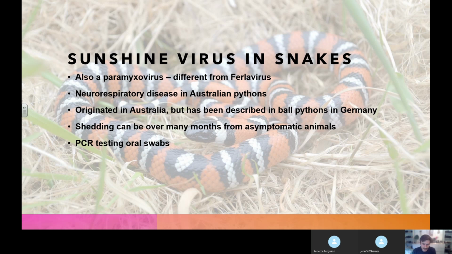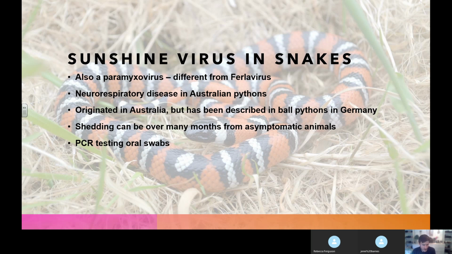And this originated in Australia. That's where the first cases were seen. And the reason it's called sunshine virus is because those initial cases that were discovered were found in the region of the Sunshine Coast, which is on the Queensland coast on the eastern side of Australia.